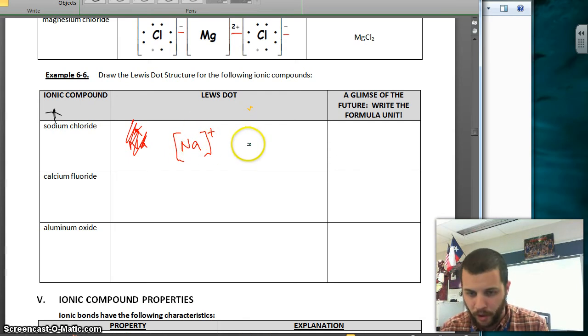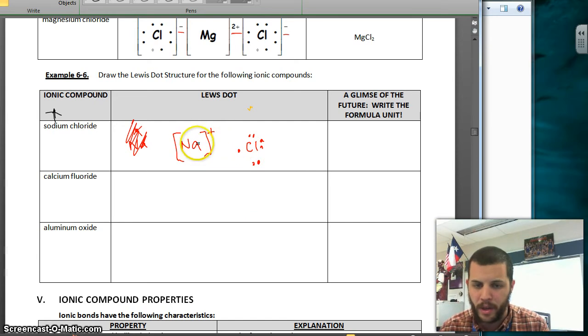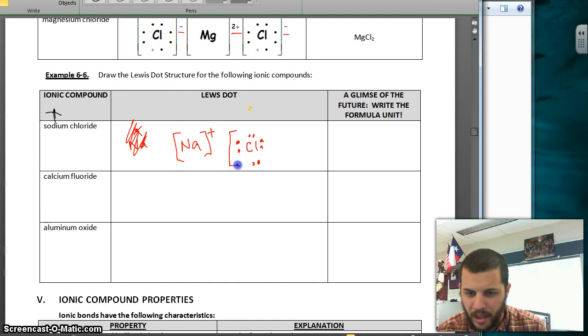Now let's take a look at chloride. Okay, a chlorine atom has 1, 2, 3, 4, 5, 6, 7 electrons because it's in group 17. So it's going to gain the electron that sodium lost. So sodium loses that electron, chlorine accepts that electron, and so now we put brackets around it.